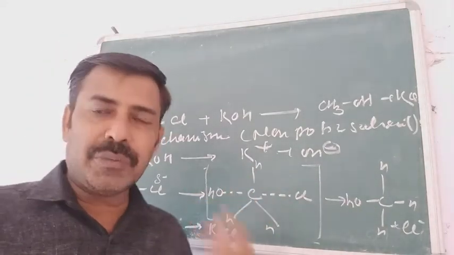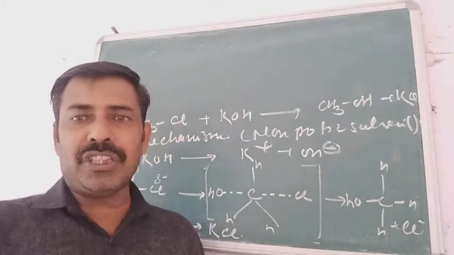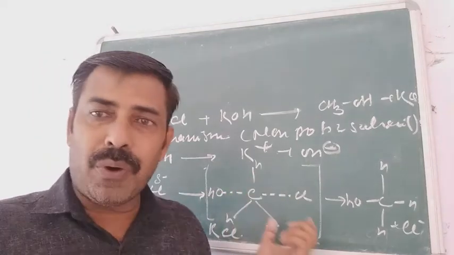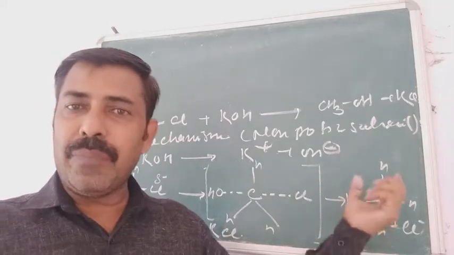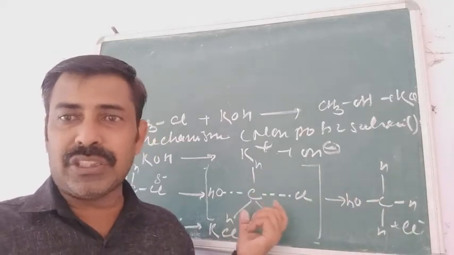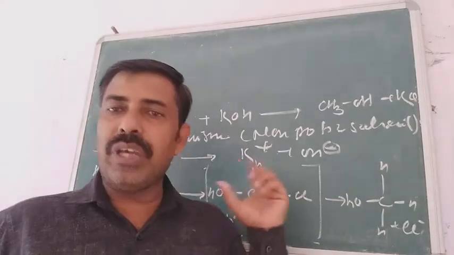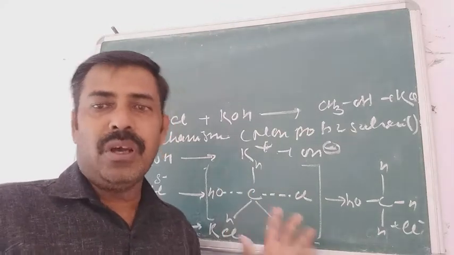Then what will be the stability of this species? This species is so unstable that we are not capable of recognizing whether this compound is actually formed or not. But the product can be explained only on the basis of this mechanism. So we say that this intermediate is formed.